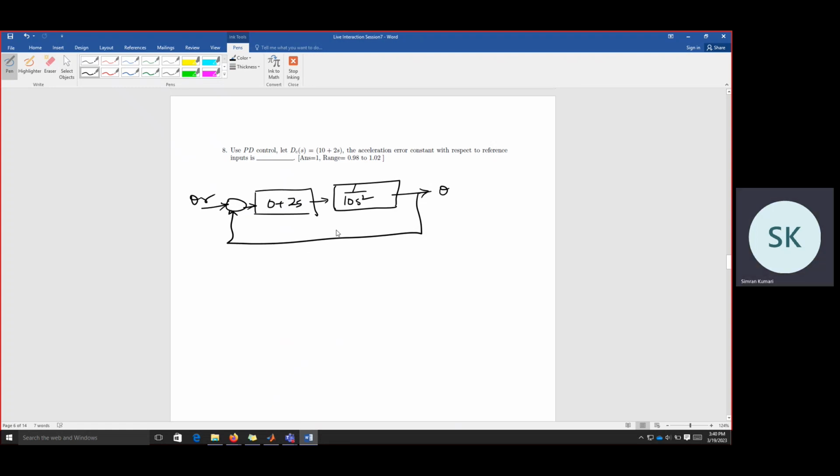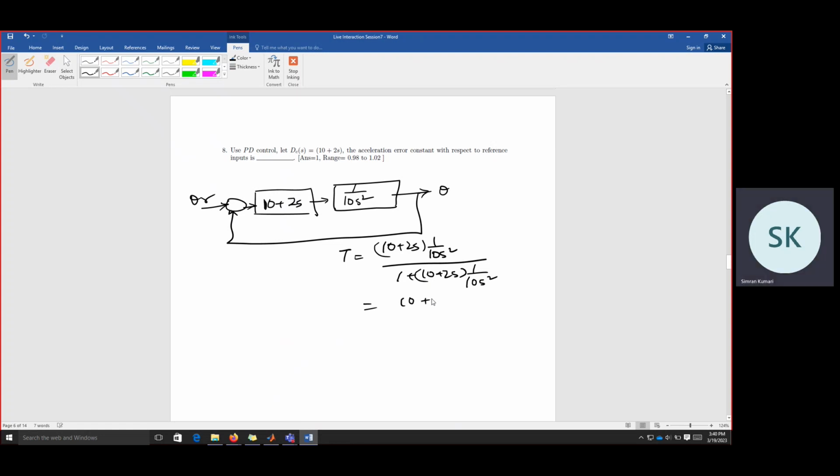Fine. So it asks that, okay, we know that, let us see the closed loop system. This transfer function is (10 + 2s)(1/10s²) by 1 + (10 + 2s)(1/10s²).